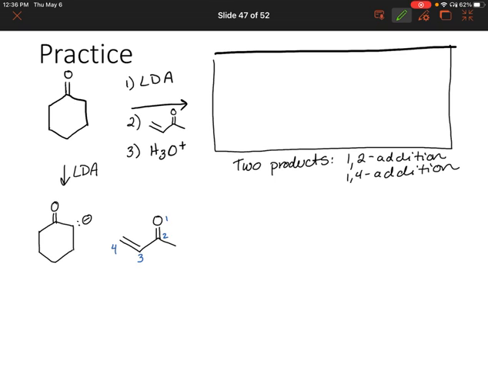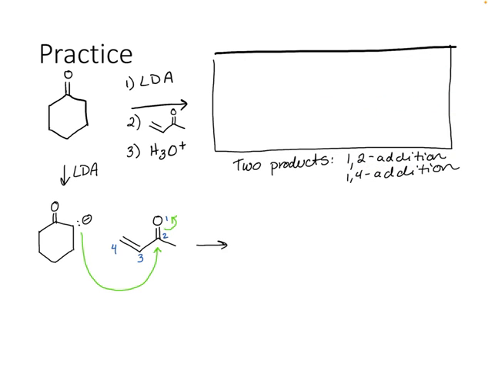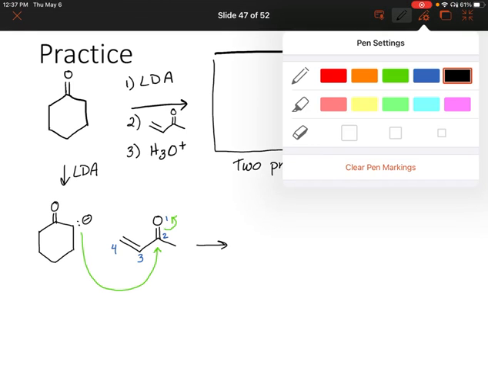So I'll start with green arrows and let's show the 1,2 addition. So we'll show that the enolate, or Michael donor, wouldn't be a Michael donor, but we'll show that the enolate is attacking the carbonyl carbon, carbon 2, and that's going to give us, I'll draw it in green.